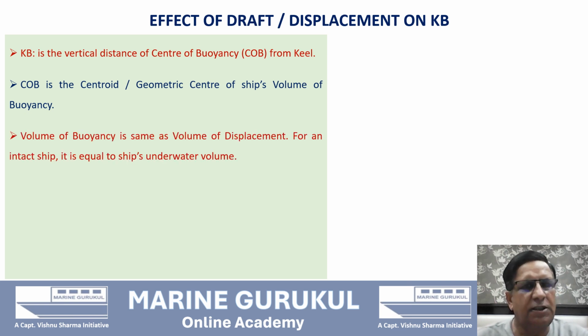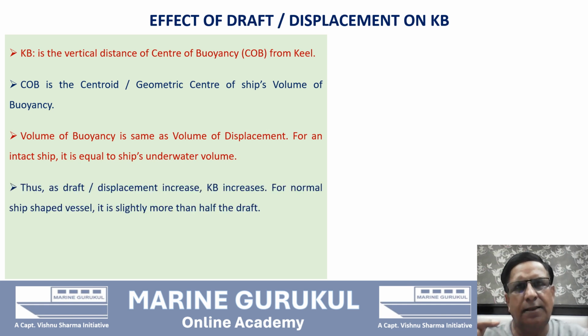Volume of buoyancy is equal to, or is the same as, volume of displacement. So thus for an intact ship, the volume of buoyancy as well as volume of displacement are both equal to underwater volume. Thus, as the draft or displacement increases, the KB of a ship increases.